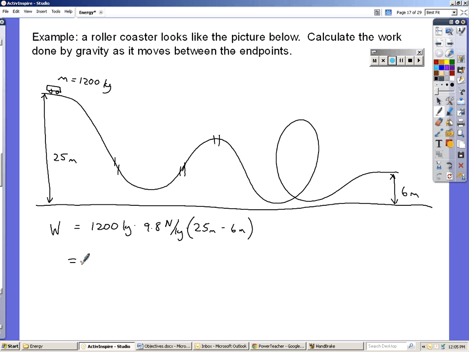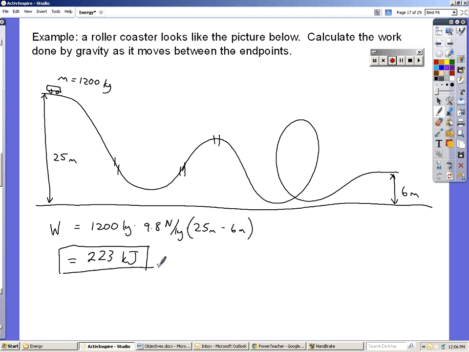Because the coaster is moving downward, gravity is doing positive work on it. So we have 1,200 times 9.8 times 19. And we find that gravity has done 223 kilojoules of work on this coaster.